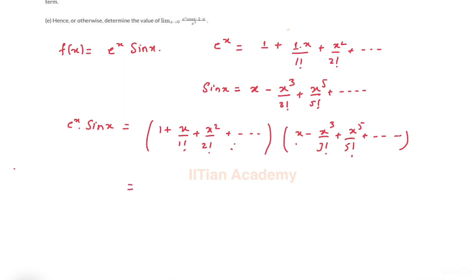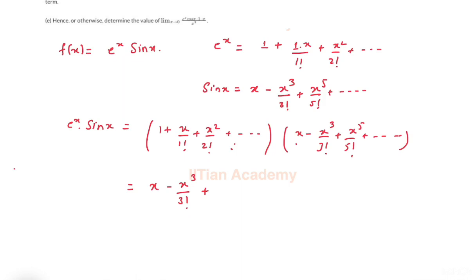So when 1 is multiplied here, it will give x. When 1 is multiplied with the second term, we will get minus x cube by 3 factorial. And after that, the power of x will be greater than 3, so those terms are not required in this question. Now let us move on to the second term.